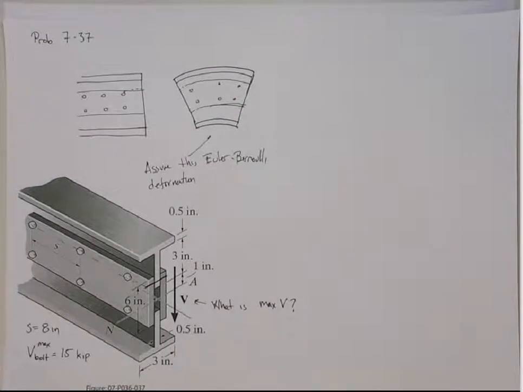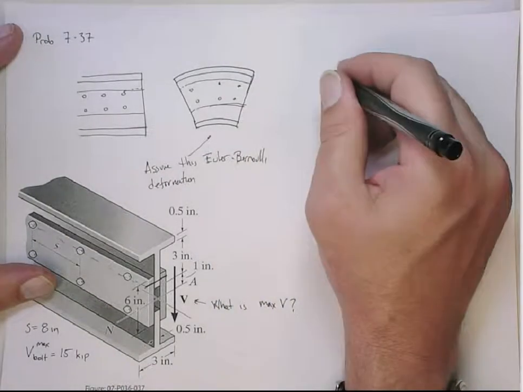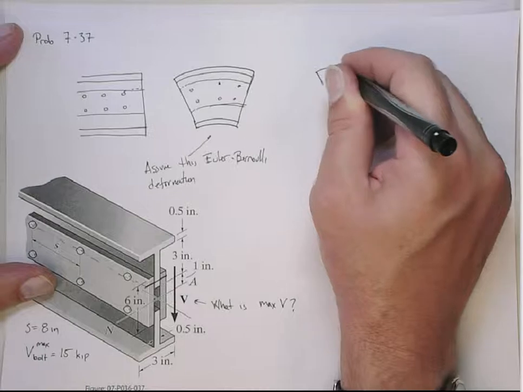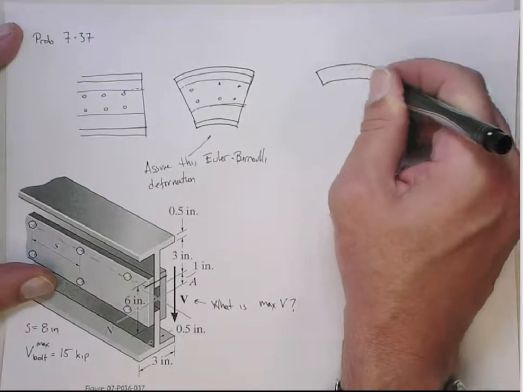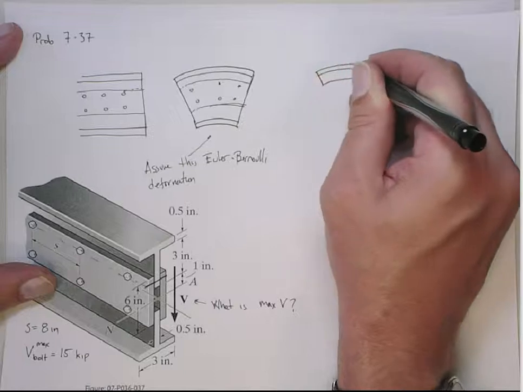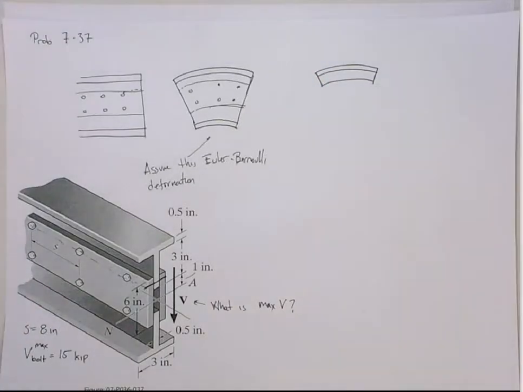Okay, so if that's the case, then if I just look at this top T section, let me draw that top T section. Now, of course, I'm obviously exaggerating the deformation, right?